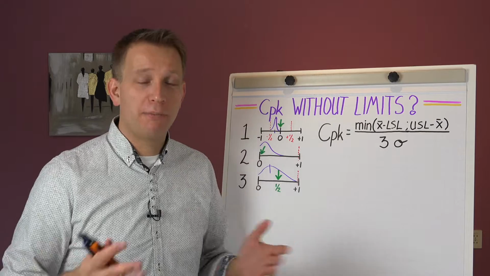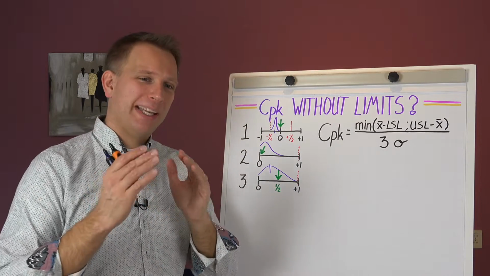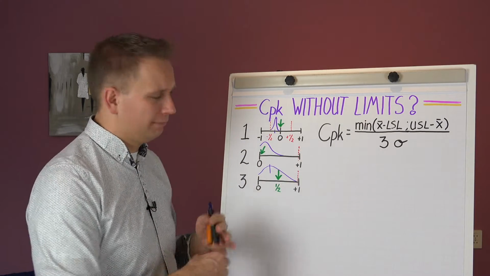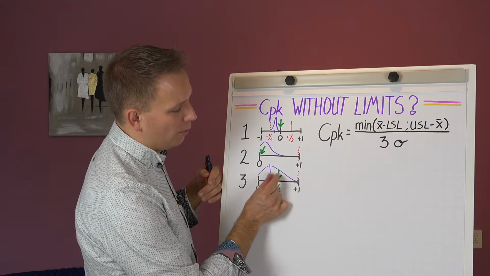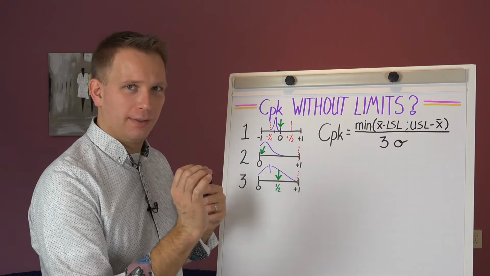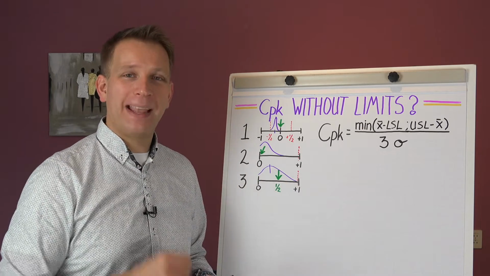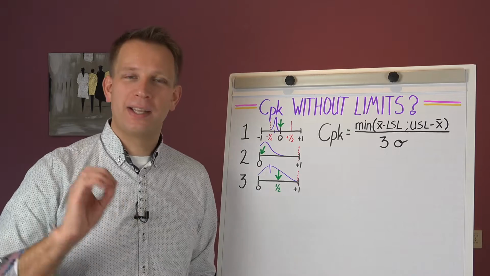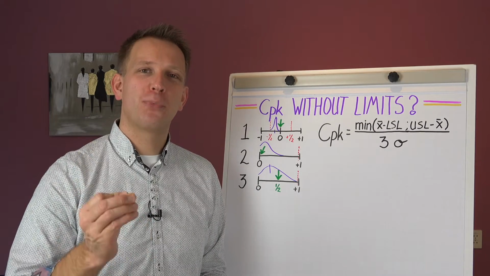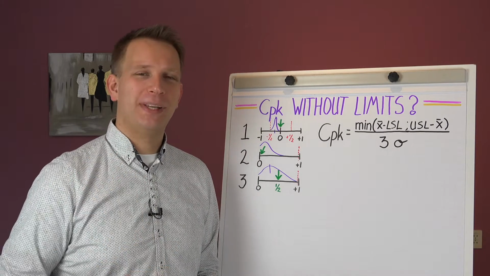Maybe you go for 1.5, maybe 1 is enough. Based on that, you can decide how close the center of your process can be shifted towards this limit. And that's why for this last instance, you need to be much more careful about how to calculate the CPK.